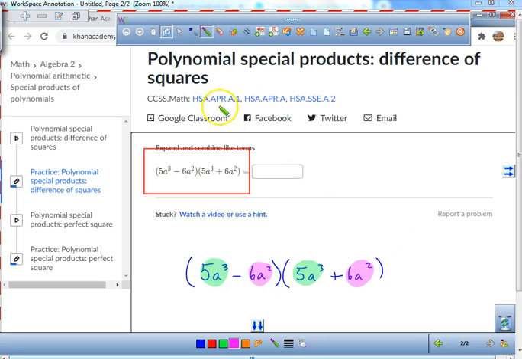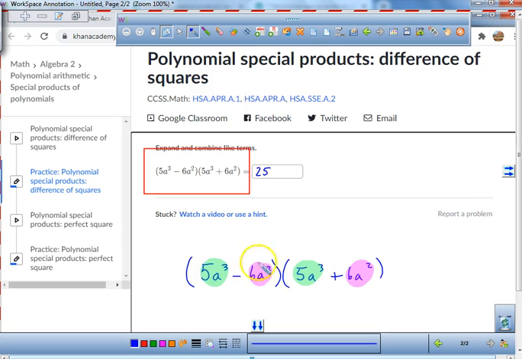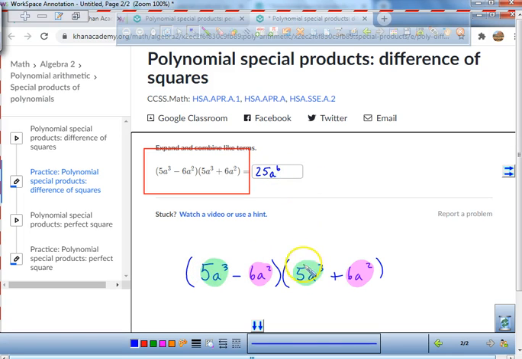All you got to do is multiply the 5's together, and what do you get? 25. a cubed times a cubed is a to the power of 6. What are we going to put right here always? Put a minus, because it's called a difference of squares. Then we got 6 times 6, which is 36. a squared times a squared is a to the power of 4, and you're done.